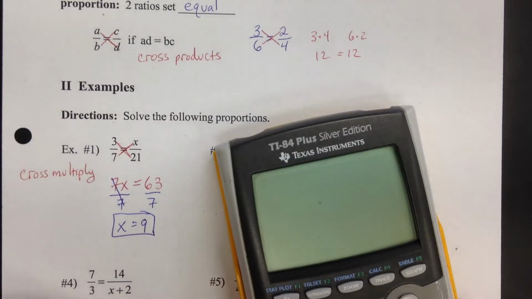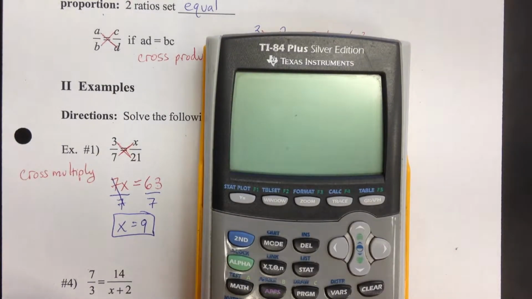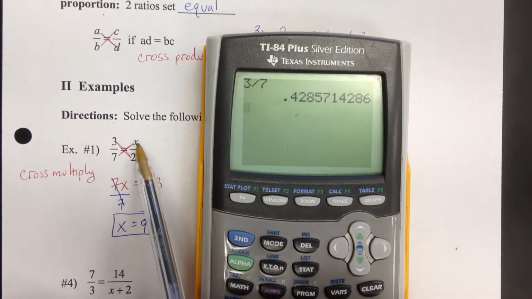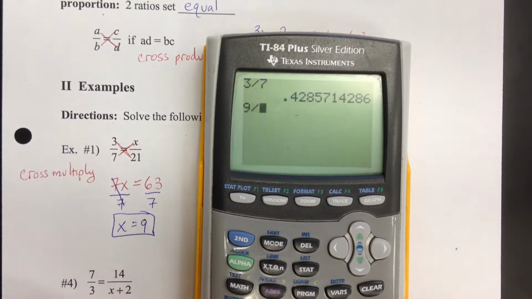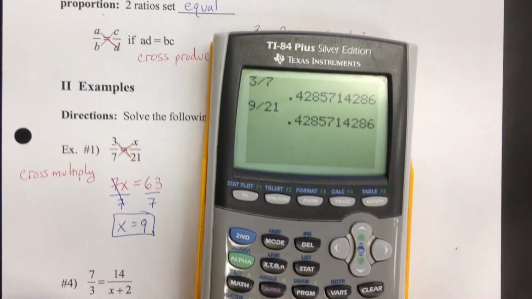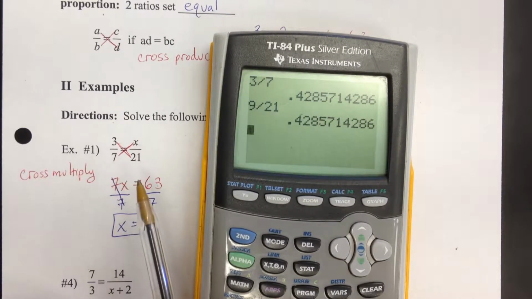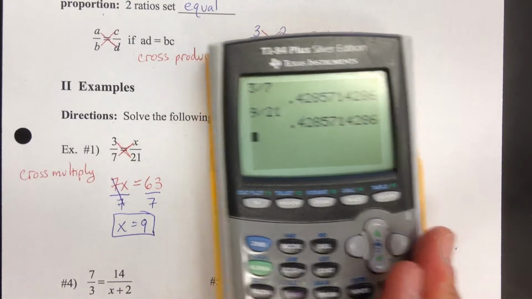Now, you can always check. If you take the left side, 3 divided by 7, what we get is a decimal. And if I take the right side of the equation, x over 21, 9 divided by 21, we get the same thing. So the left side of the equation equals the right side, so we're good.